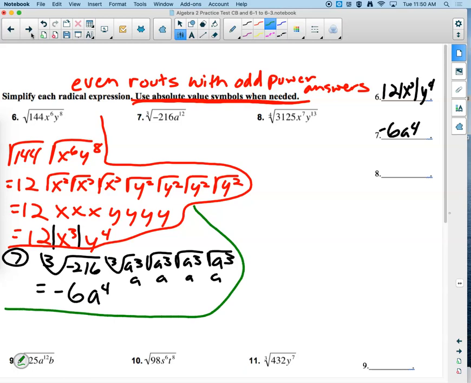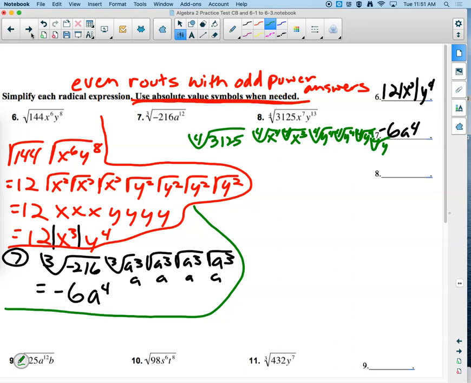Fourth root of 3,125. Fourth root of, I might as well split some of my variables right now. Fourth root of x to the fourth, fourth root of x to the third. We're not going to have a perfect one there this time. Fourth root of y to the fourth, fourth root of y to the fourth, fourth root of y to the fourth, and then one leftover y value.